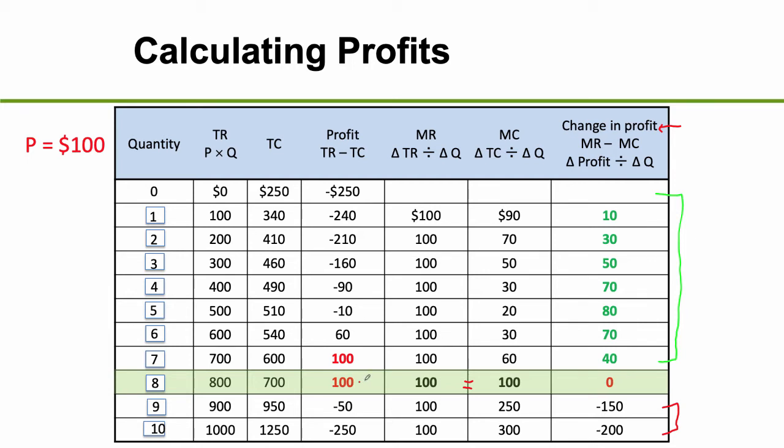The other place we can see this is right here, where profit is 100, and that's the highest profit amount anywhere. You might ask yourself, what about this profit here? Why wouldn't that be the profit maximization point? And the reason for that is because of over here.